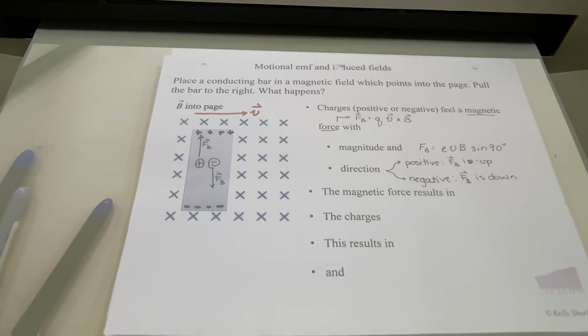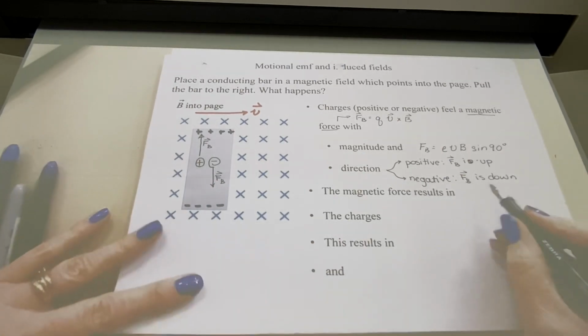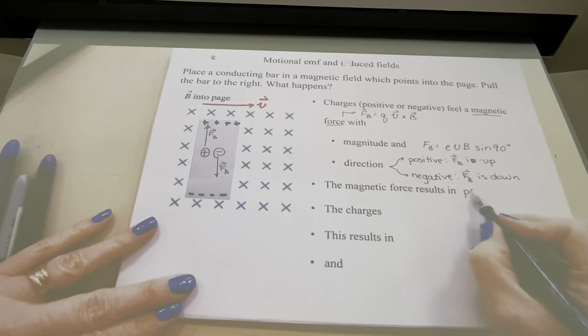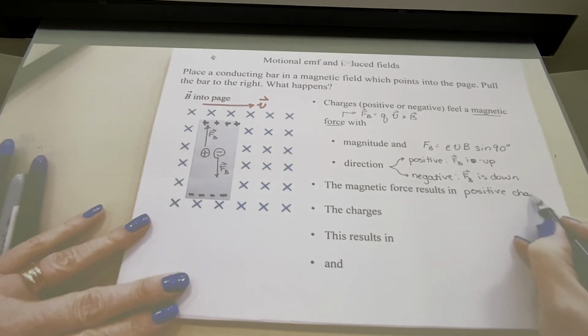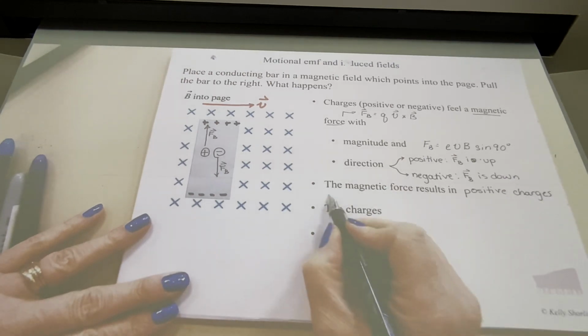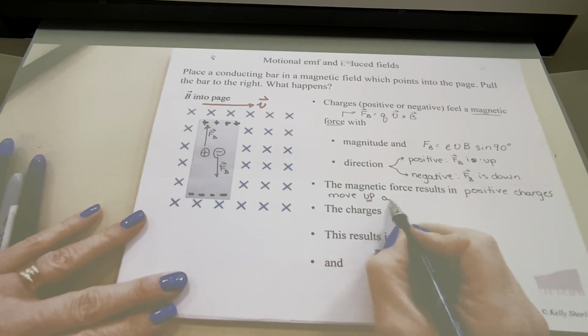So the positives go up and the negatives go down. So the magnetic force results in positive charges moving up, and negative charges moving down.